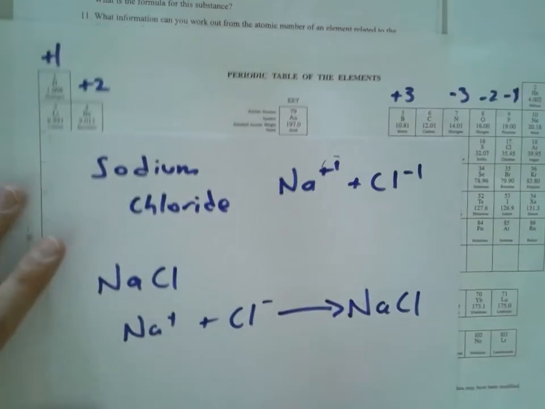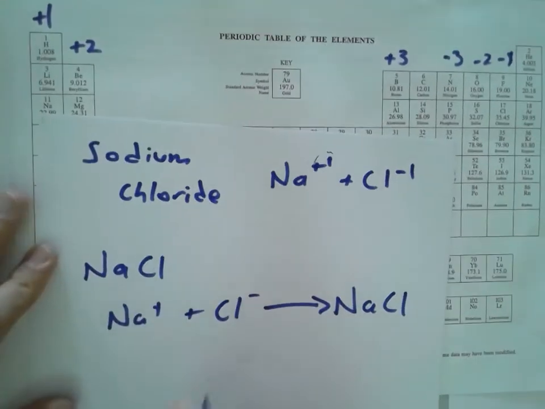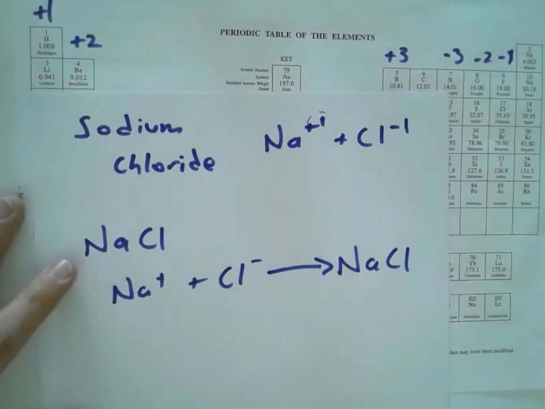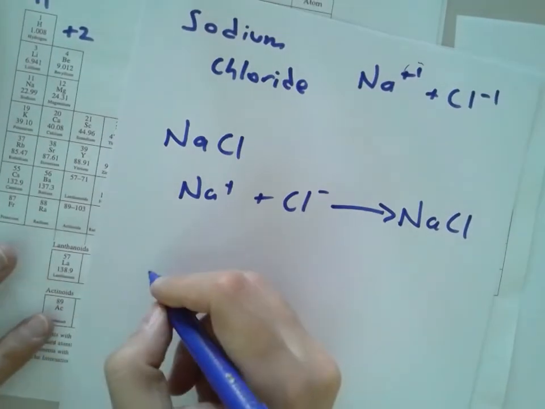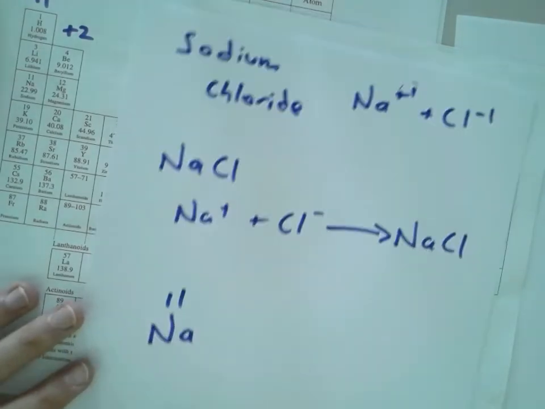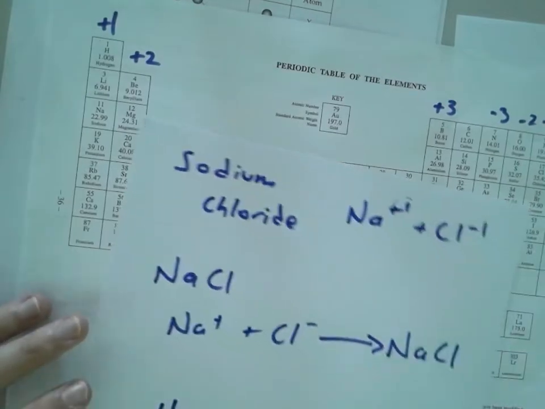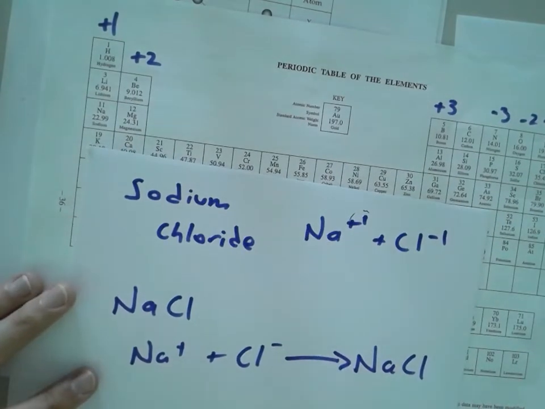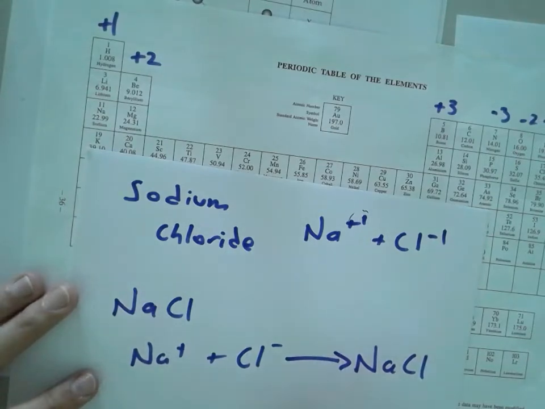So if I'm going to draw sodium, Na has an atomic number of 11, so 11 protons, therefore 11 electrons, as we previously described. And we also have Cl with an atomic number of 17.